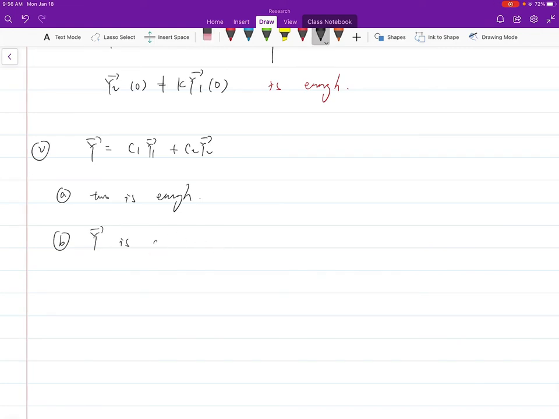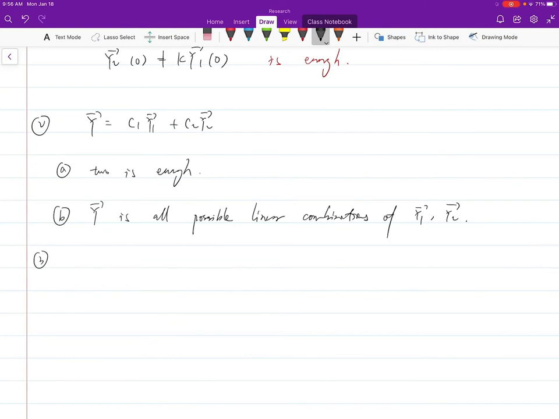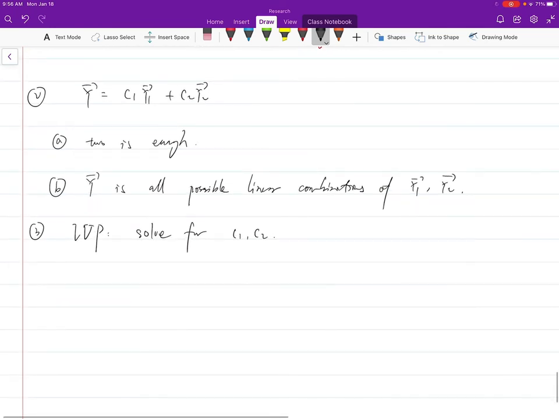Actually, it is all possible linear combinations of y1 and y2, thanks to the linear property. Okay. Number 3, for initial value problem, you just need to solve for C1, C2. Then you will have the exact solution.